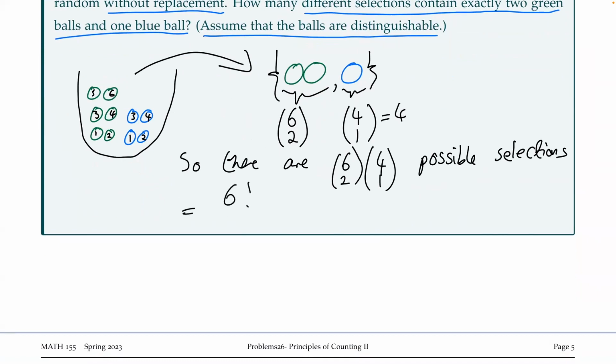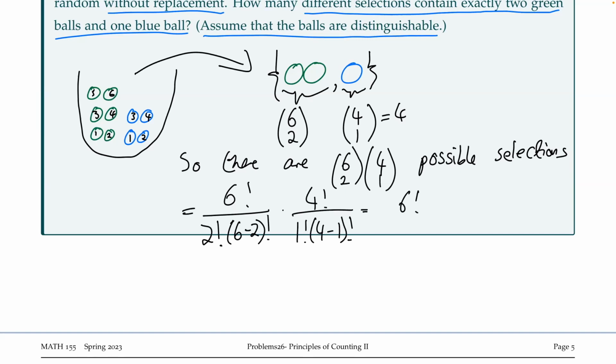So what does that look like? We can do a bit of cancellation here because the numbers are quite low. So we've got 6 factorial over 2 factorial times (6 minus 2) factorial. That's my 6 choose 2. We have 4 factorial over 1 factorial times (4 minus 1) factorial.